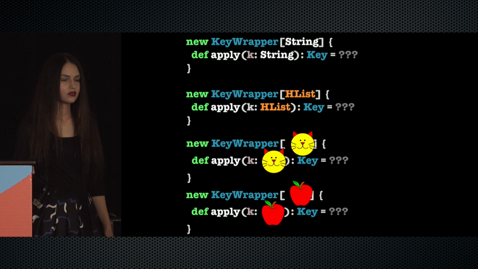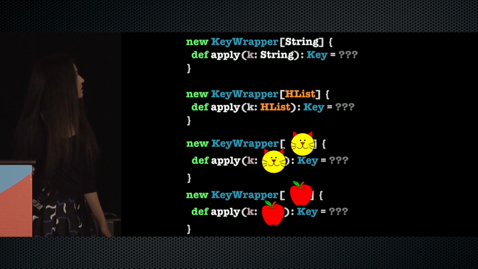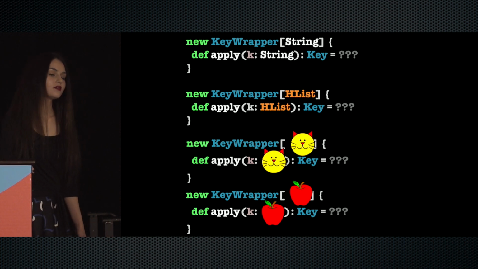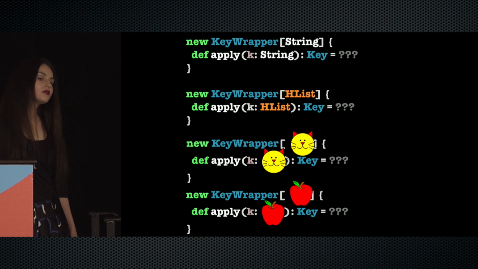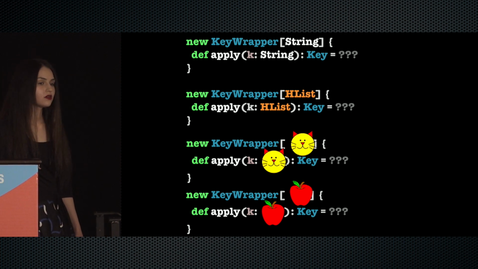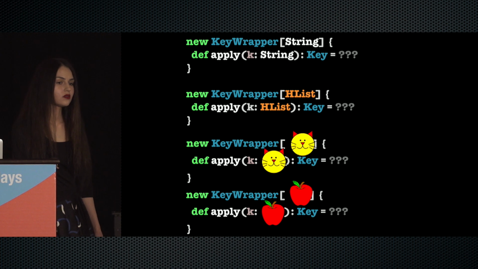My question was, as long as the hlist contains elements that have key wrappers, I believe it's possible for the compiler to derive the key wrapper for an hlist itself through type class derivation.